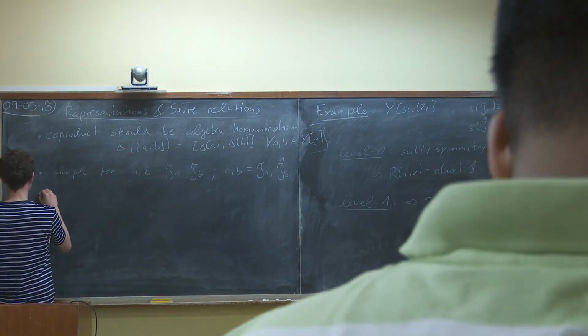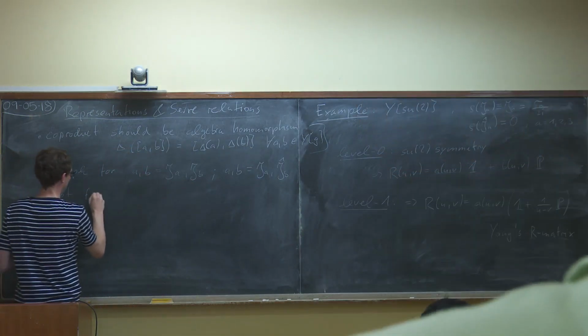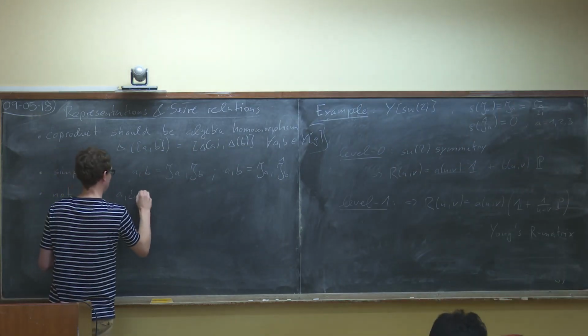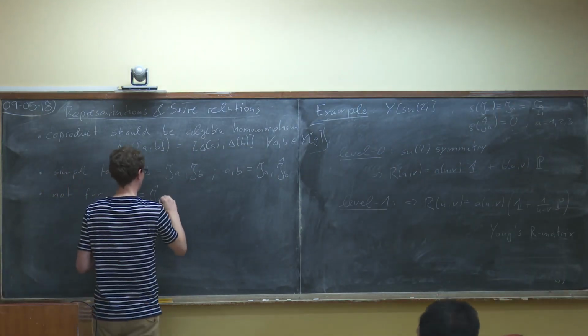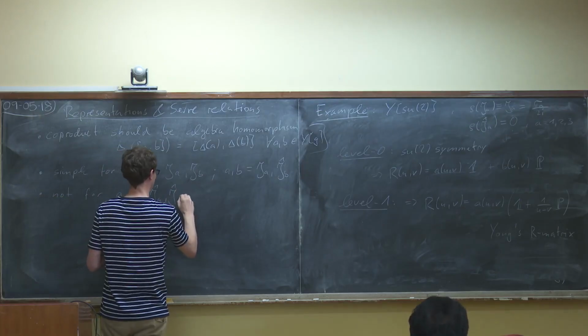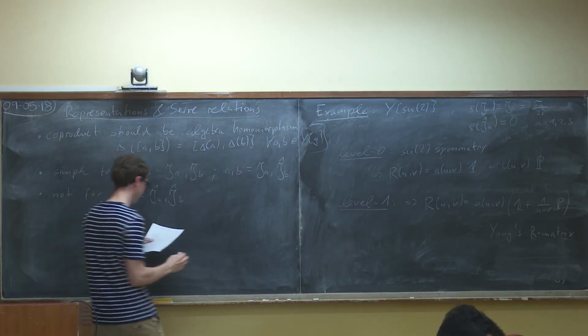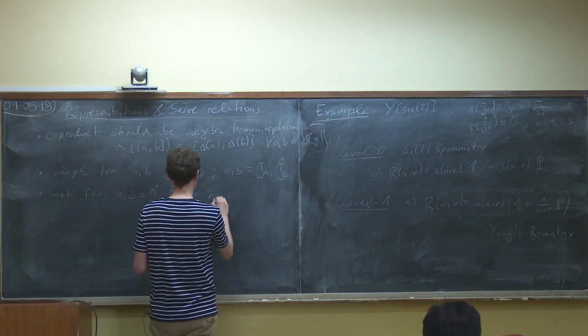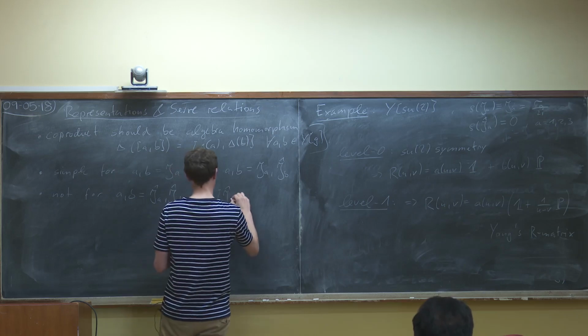But it's not so simple for A, B both being level 1 generators. So the question is, what is this thing here?